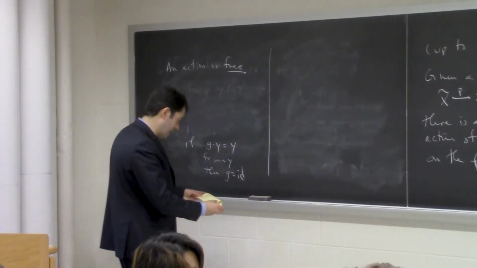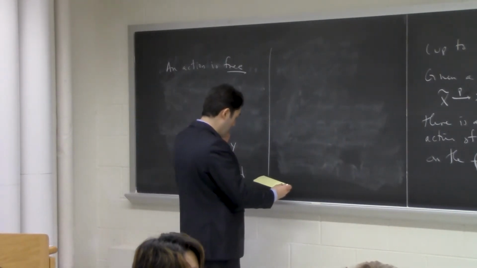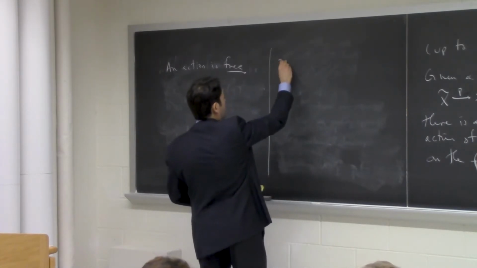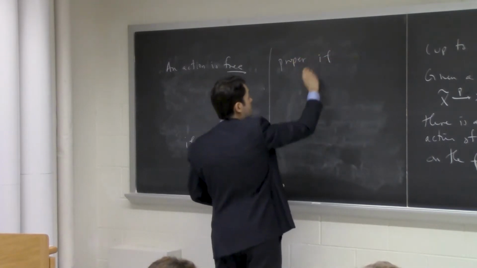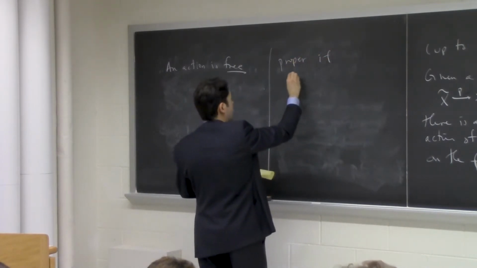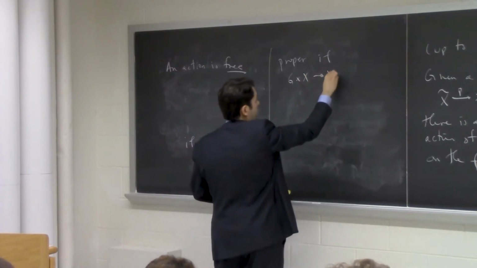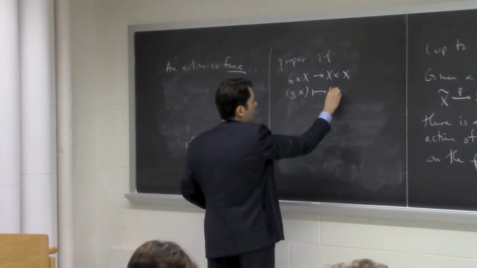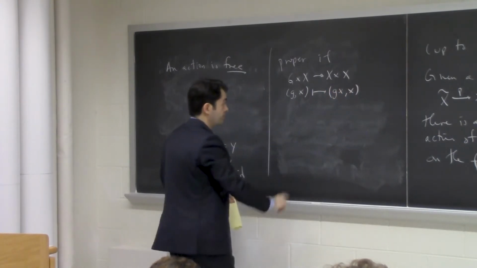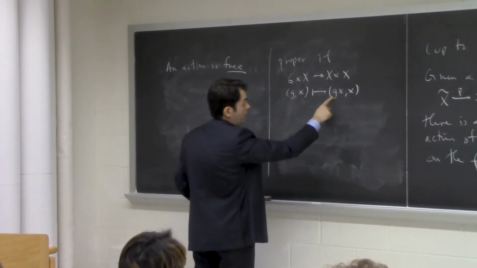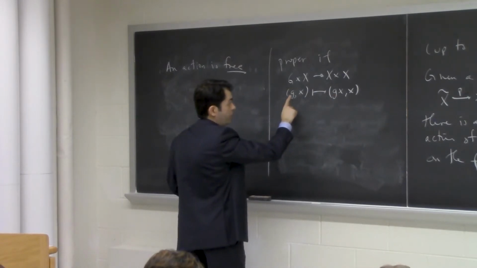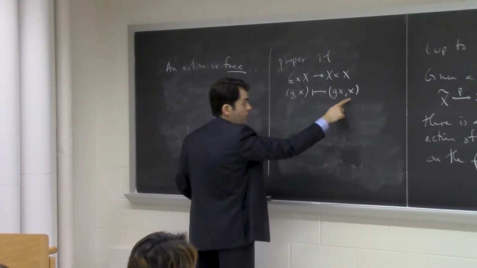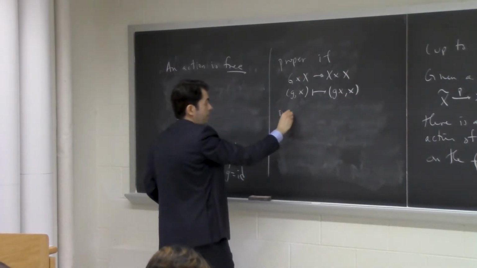Okay, the one we actually will care about. Well, no, I should give you one more. So proper. If the map where you look at the action of the group on the space and how far that takes you from where you started is a proper map.